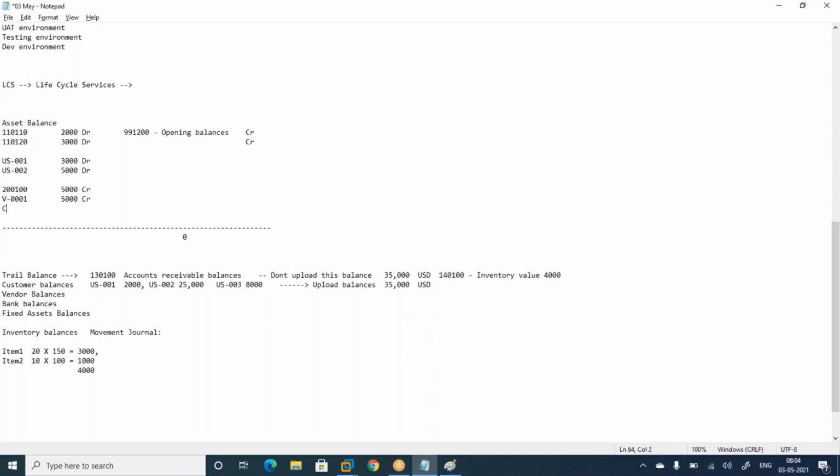If you are collecting it like this, Kumar, then it is not an issue. In Western countries, you will not face this kind of challenges. This is customer balances. This is vendor balances. If you collect like this, no issues. Only for inventory and fixed assets, in these two balances, there will be a challenge.